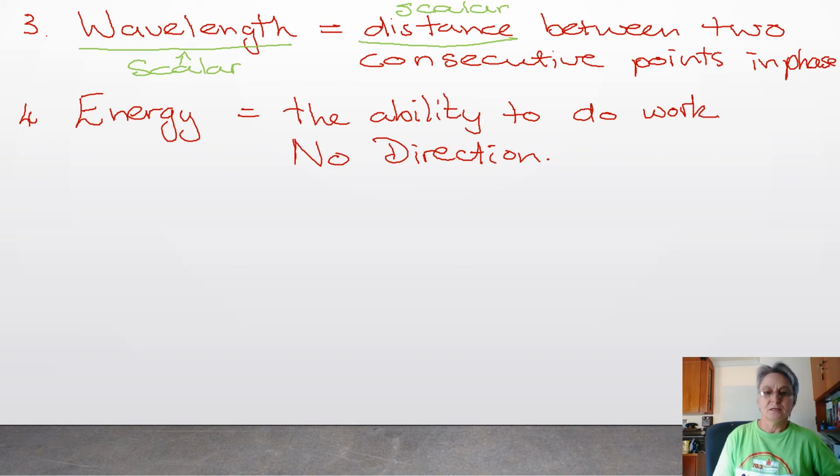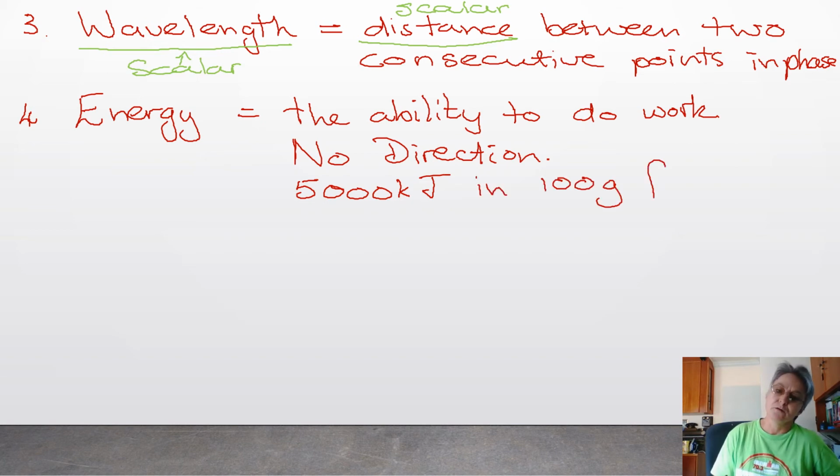If it says that you have 5,000 kilojoules in 100 grams of food, that is the energy that you have in that 100 grams of food, and there's no direction connected to it. Energy is the ability to do work.